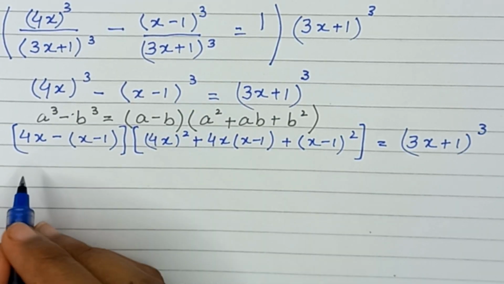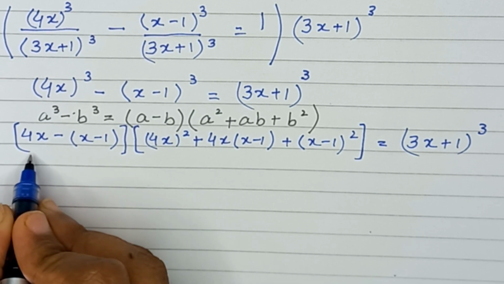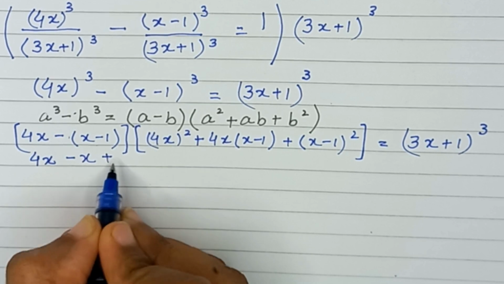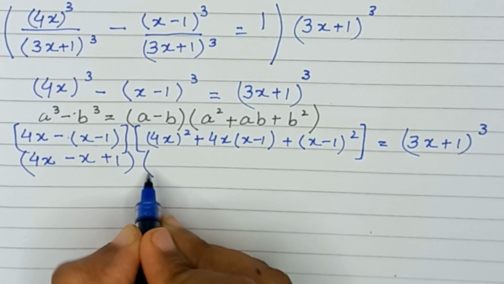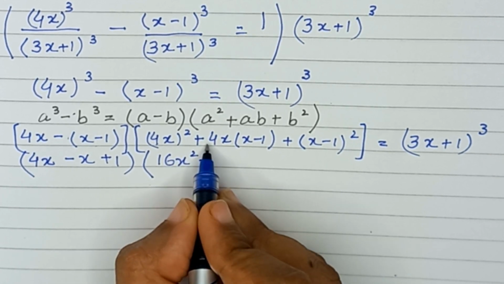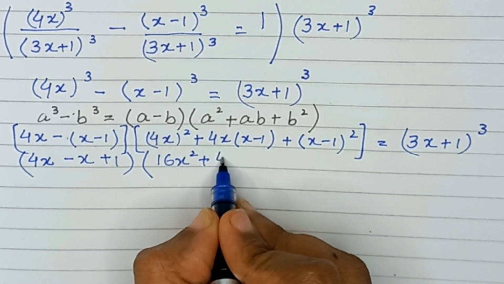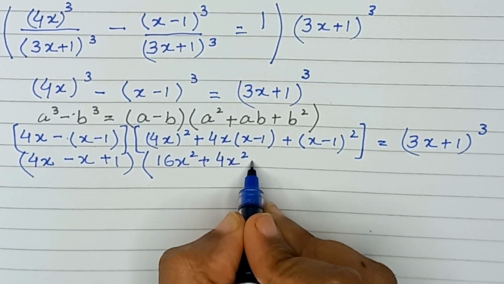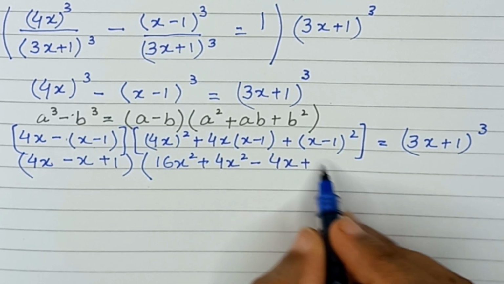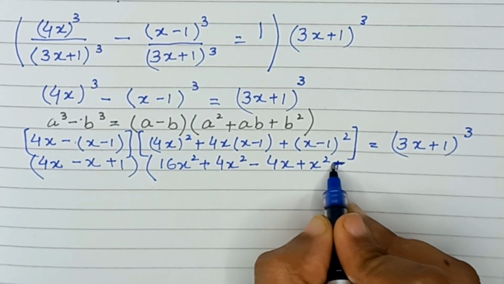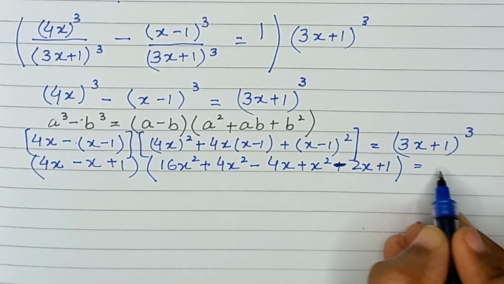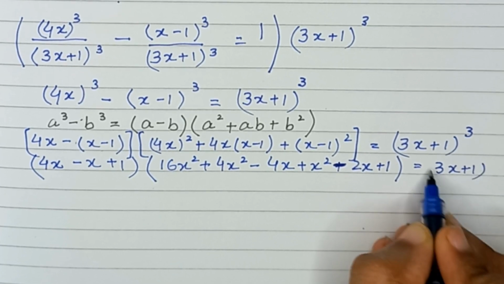So now we will simplify the above equation. So it will become (4x − x + 1), and 4 squared means 16x² plus 4x into x will become 4x² minus 4x into 1, 4x, plus x² − 2x + 1, which is equal to (3x+1)³.